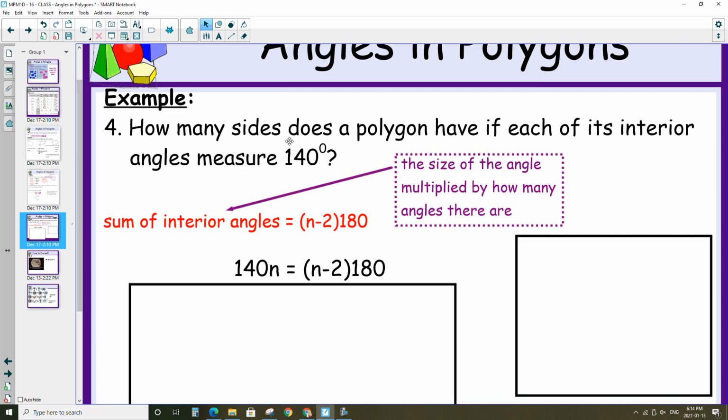So if I know that each angle is 140 degrees, if I multiply that by how many sides there are, that's going to give me the total number of degrees, the sum of the interior angles. So I've replaced the sum of the interior angles with 140 times n.